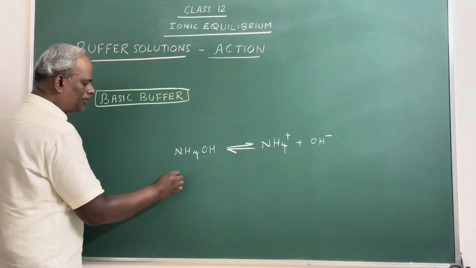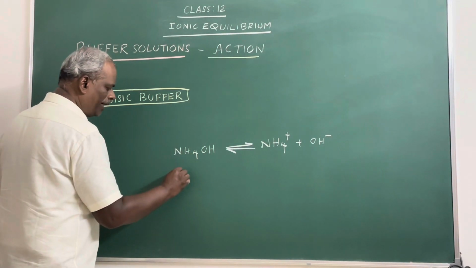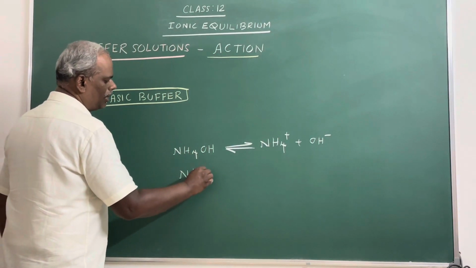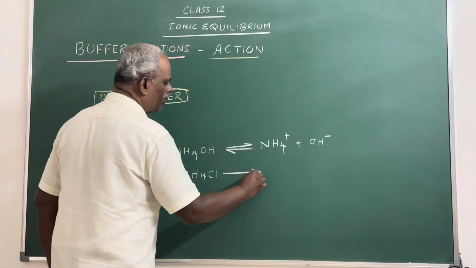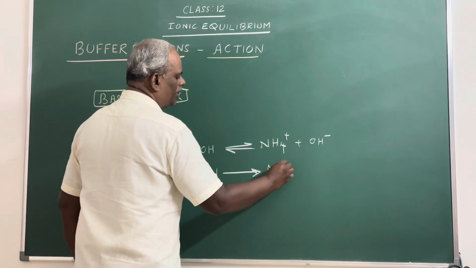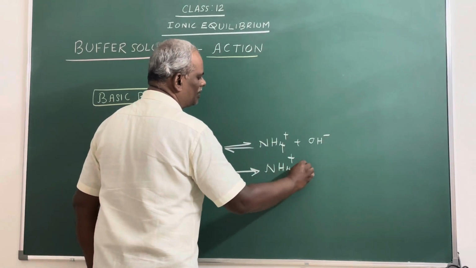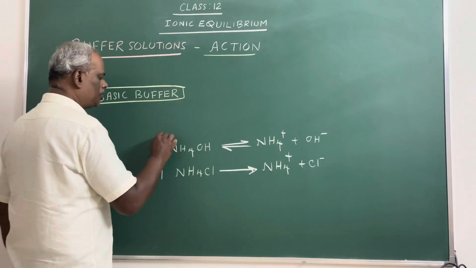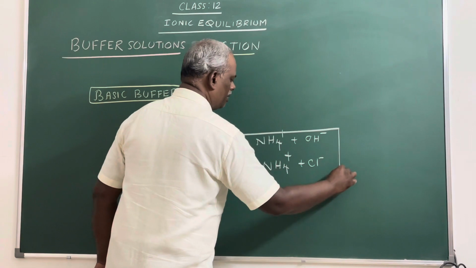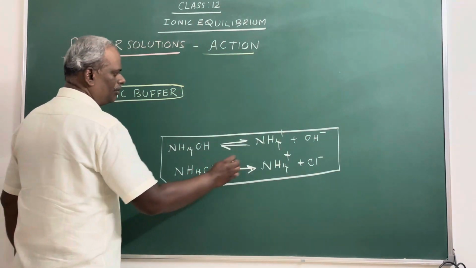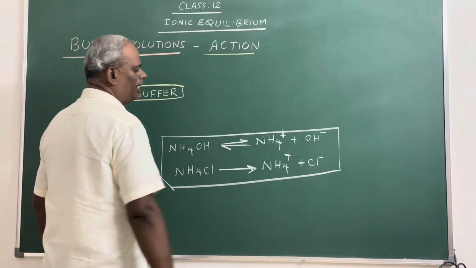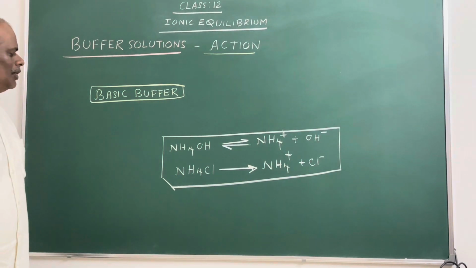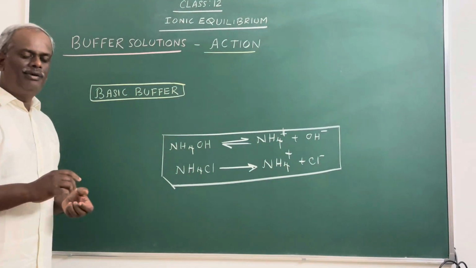And its chloride salt, NH4Cl, ammonium chloride. So we can write NH4 plus and Cl minus. So these are the constituents of the basic buffer.